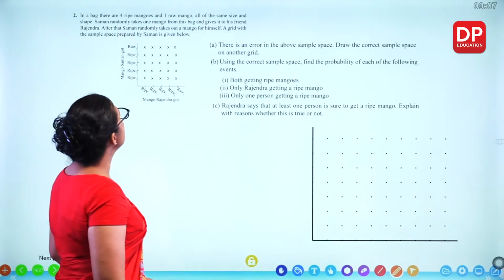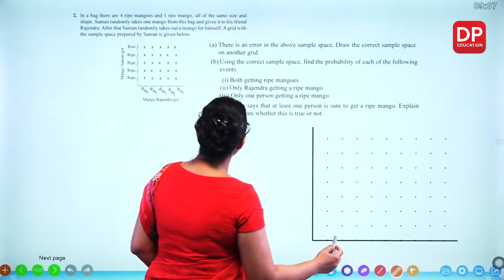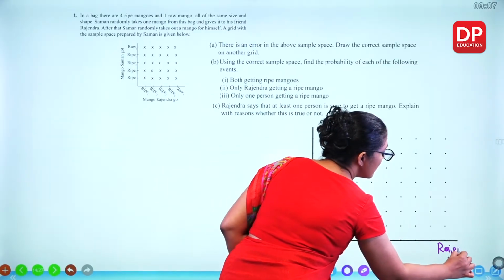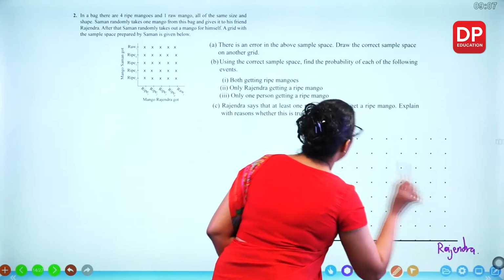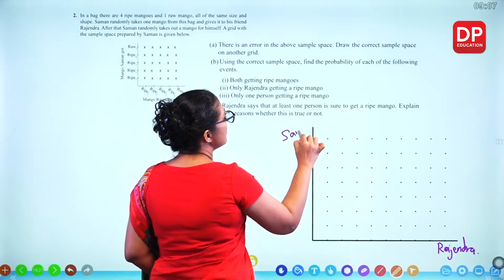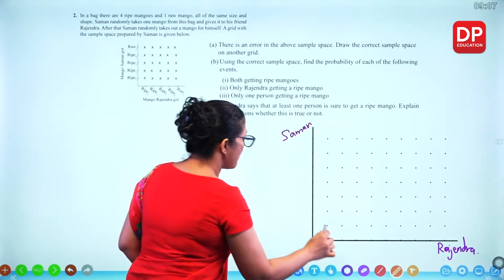So that's the mistake. We can draw it again. This is Rajendra's mango and this is Saman's.